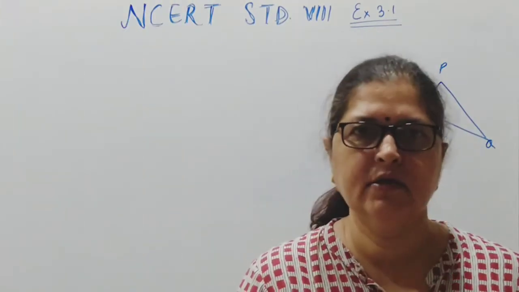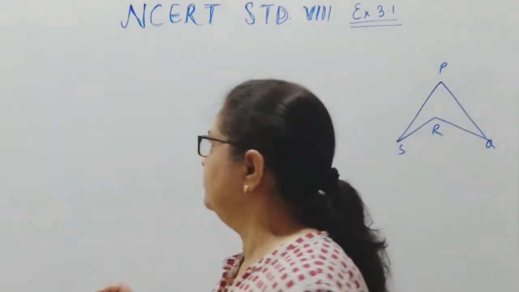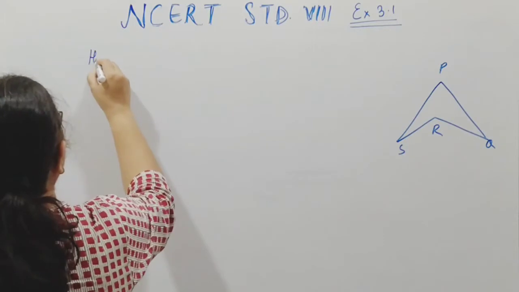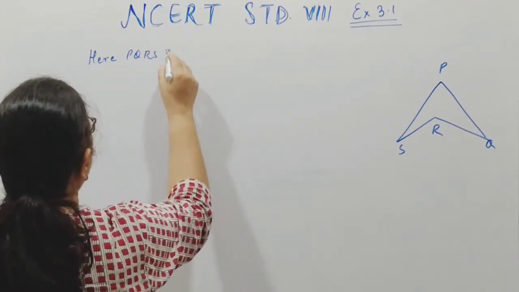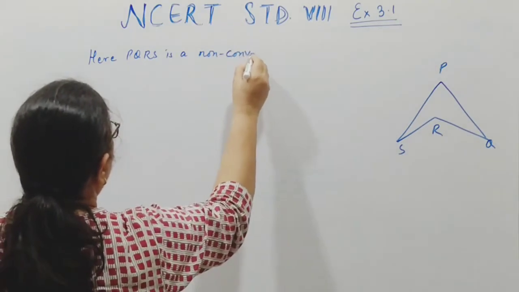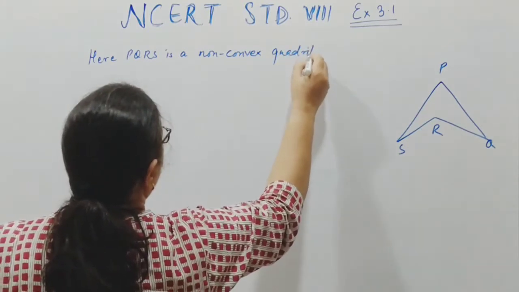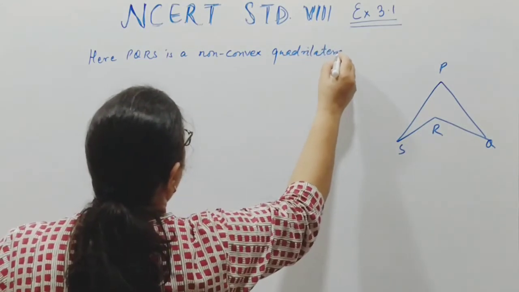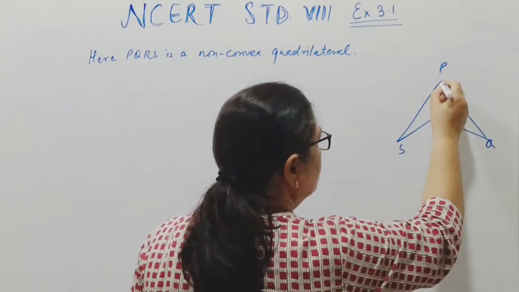Now let us take another quadrilateral PQRS, which is not a convex quadrilateral. Now we will divide this quadrilateral into two parts.